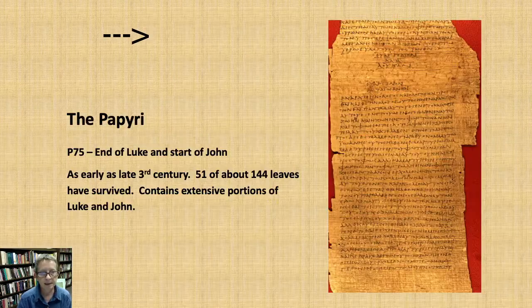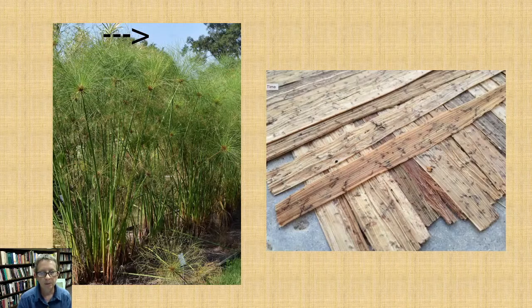Papyrus is a pithy stemmed plant that was found in Egypt and used in the production of a paper-like writing material that has telltale plant fibers running through it. And we'll go back again to that picture of that papyrus in a second. But you can see here the fibers running both directions. So they would cut these plants open.